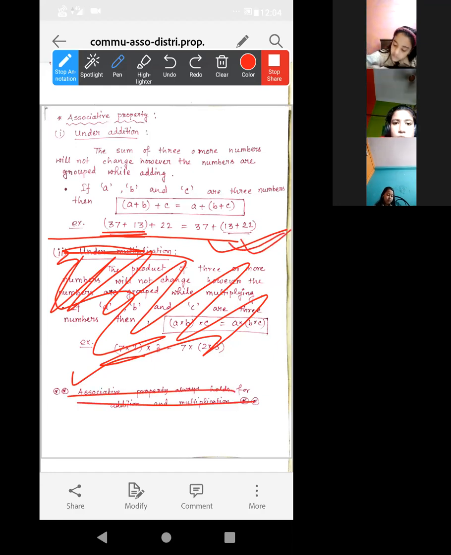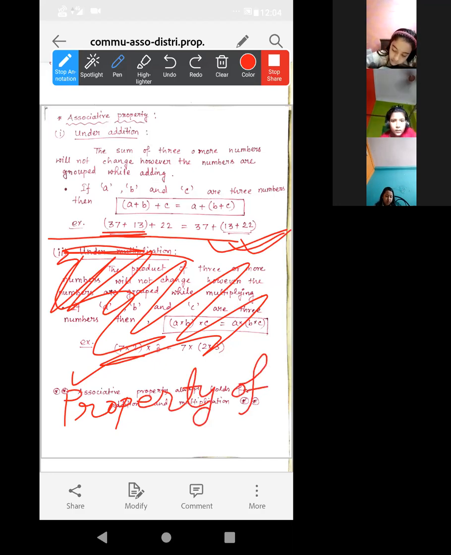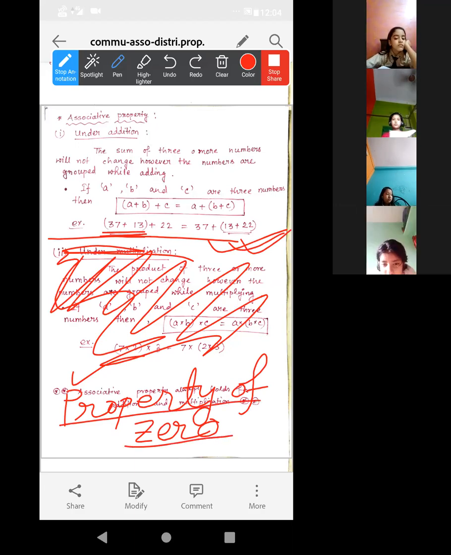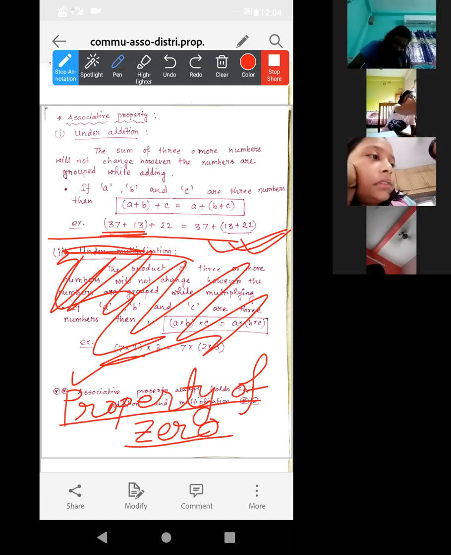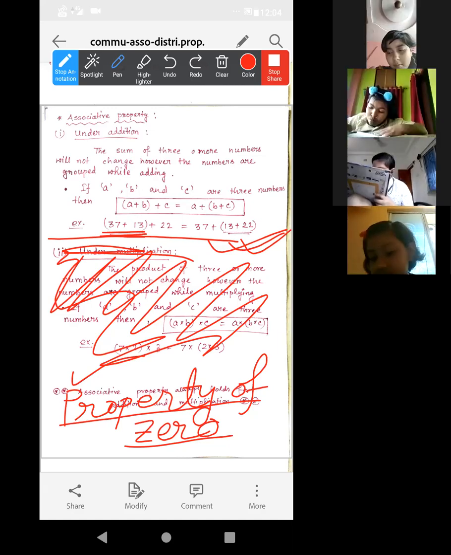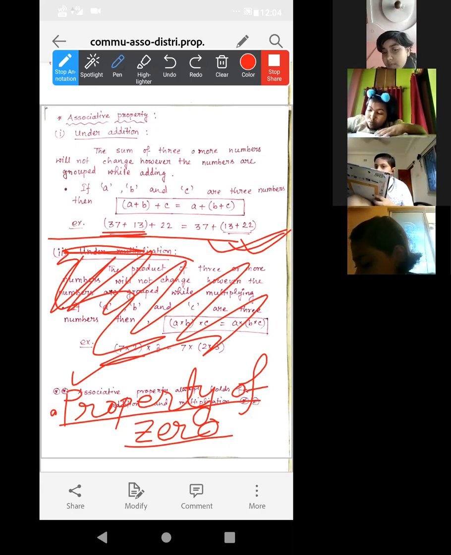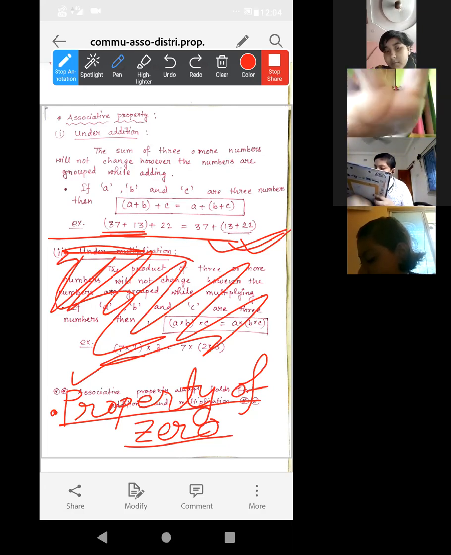Now give the heading, property of 0. Given the heading, third one, okay.